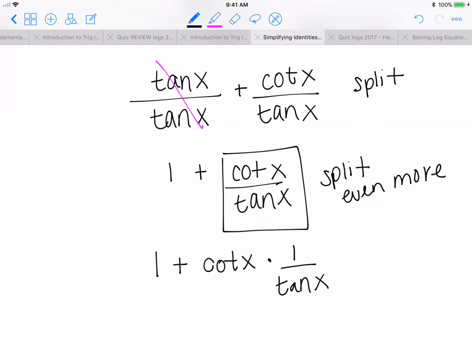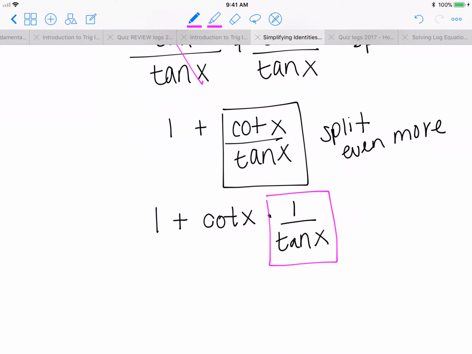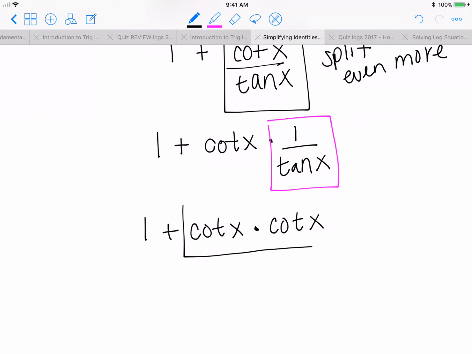We're now going to use our reciprocal identity, because how could we rewrite 1 over tangent of x? So we have 1 plus, because we really don't want to deal with fractions if we don't have to, cotangent of x times, well, 1 over tangent of x, the reciprocal of that is cotangent of x. So now we have cotangent of x times cotangent of x, so that's going to give us cotangent squared x. Now we're getting somewhere.